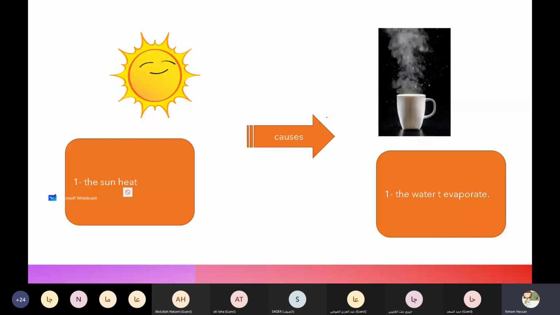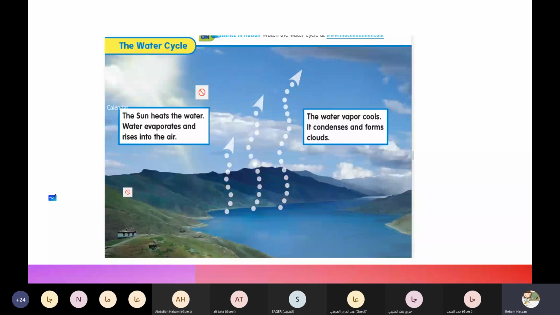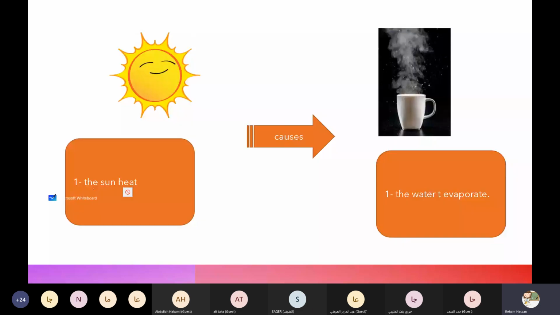So again, what happened? Number 1, the sun heats the water, and this heat causes the water to evaporate, because the water is a liquid, so it will change from liquid to gas, and it's called evaporate.